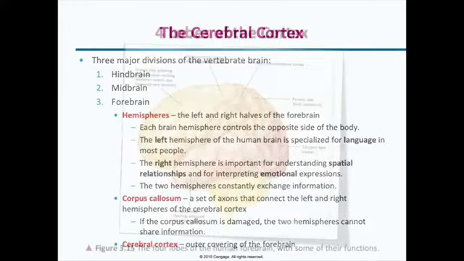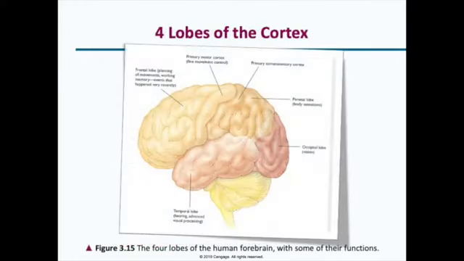Slide 19. Researchers describe the cerebral cortex as consisting of 4 lobes: occipital, parietal, temporal, and frontal, as shown in figure 3.15. The occipital lobe, at the rear of the head, is specialized for vision. People with damage in this area have cortical blindness.